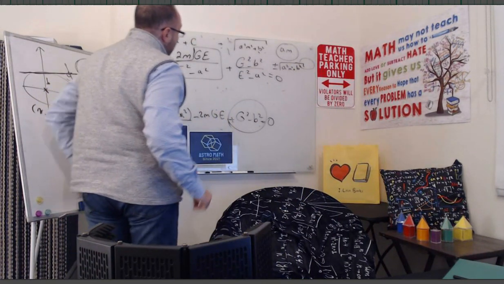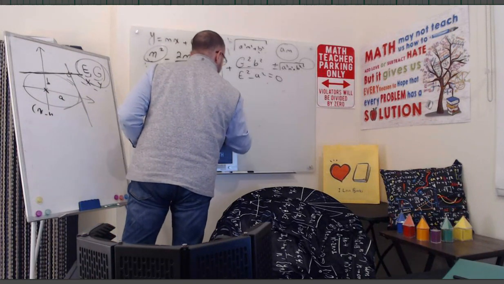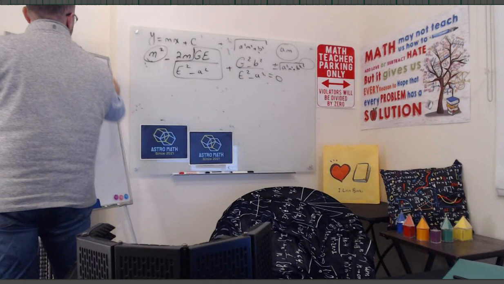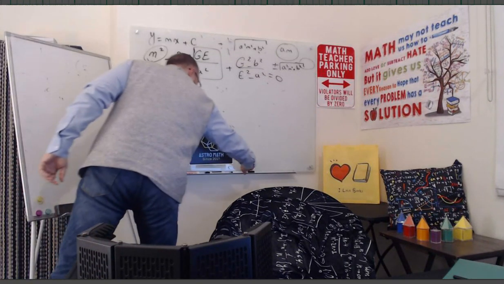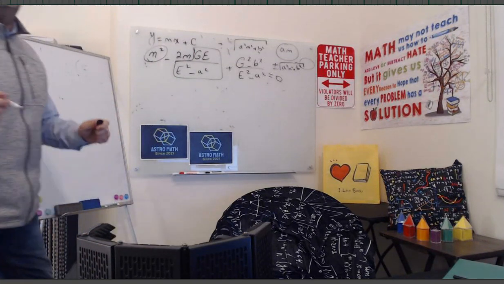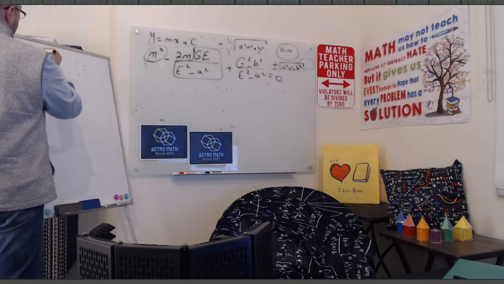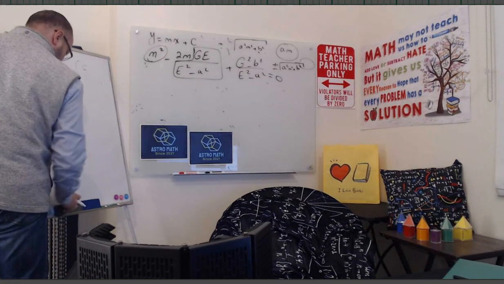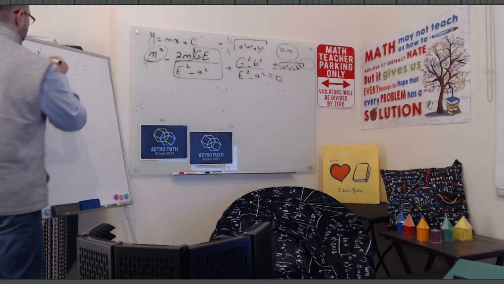So let's keep that. We reached here. Let me do this quickly here. It is in the form of ax² plus bx plus c, something easy, right? Like if you have something like x² minus 5x plus 4 equals 0, a little more difficult because we have a minus here.